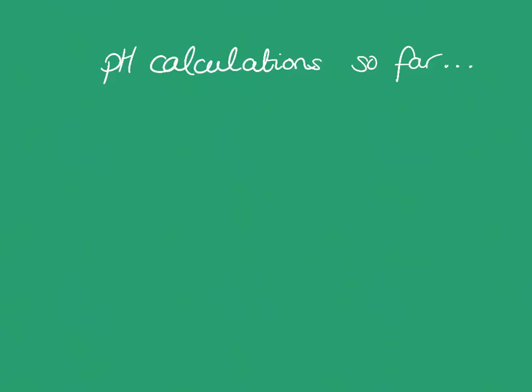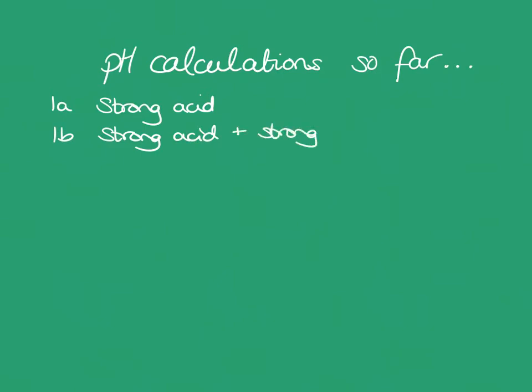Let's consider the pH calculations that we have worked out so far. So the most straightforward one, I'm going to call these 1A and 1B. They are when we are just calculating the pH of a strong acid, or a strong acid plus a strong base, where we've got acid in excess.